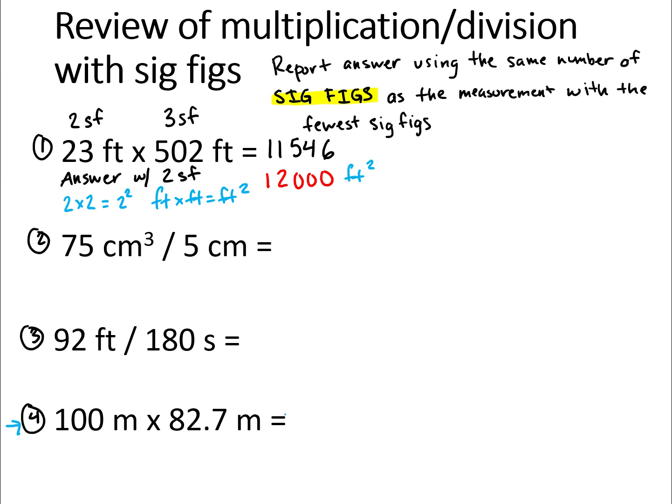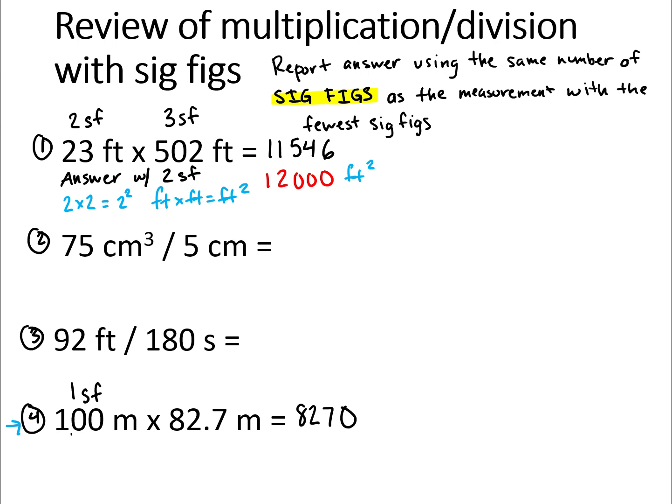So for the multiplication of the numbers, you don't really need a calculator. You're just moving the decimal place. But we need to worry about sig figs and units. In 100 meters, how many sig figs do we have? We've only got 1 sig fig here.